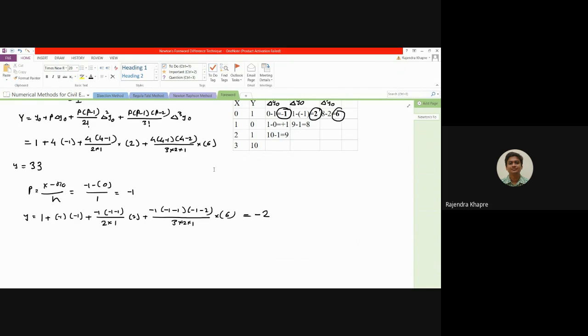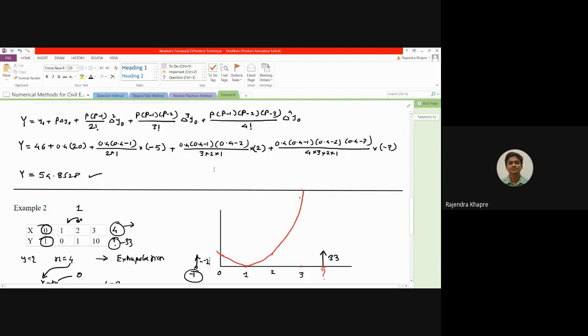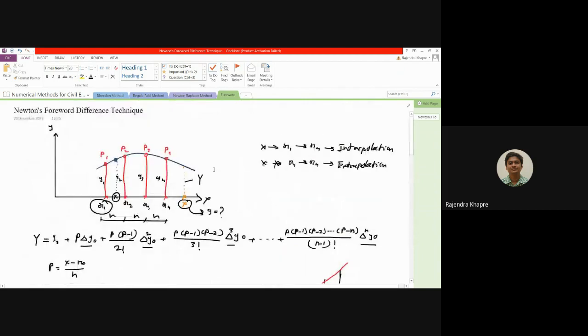Lower side, higher side, irrespective of whether it is interpolation or extrapolation, this equation is used. It's just a matter of interpretation. If the value is lying between the data set, it is called interpolation, otherwise it will be called extrapolation. I hope this method is clear to everybody.